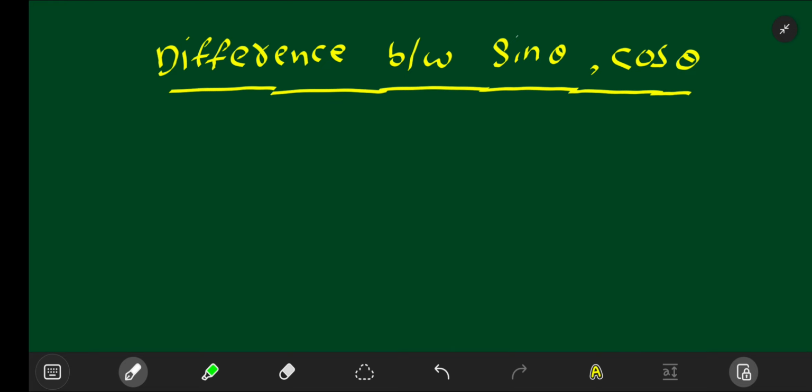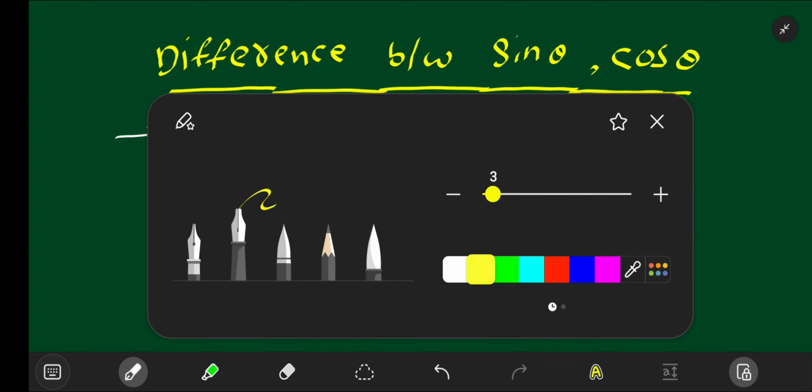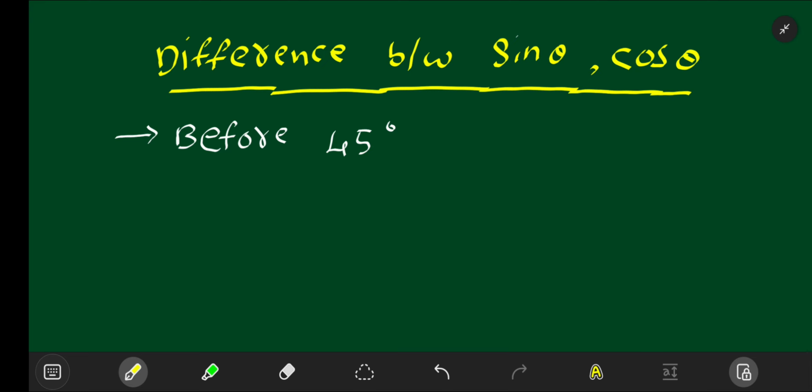Before 45 degrees, cos theta is greater than sin theta.